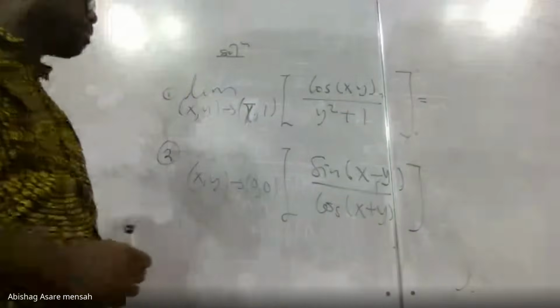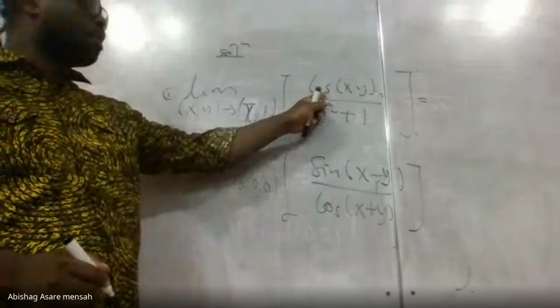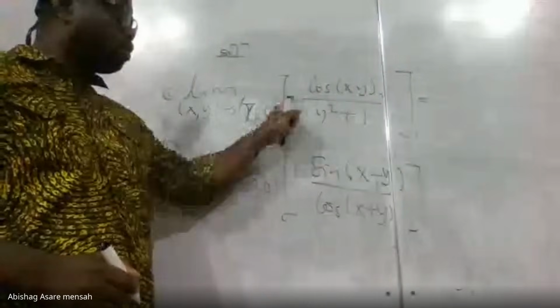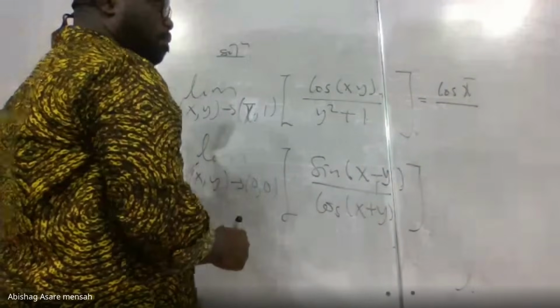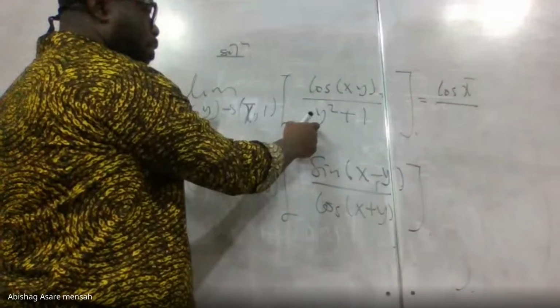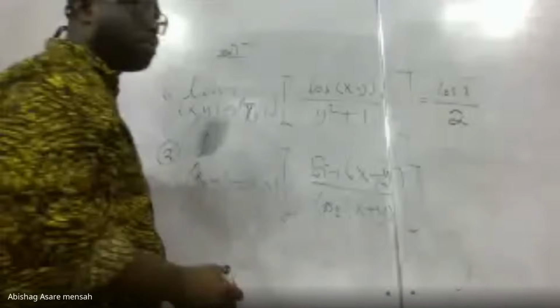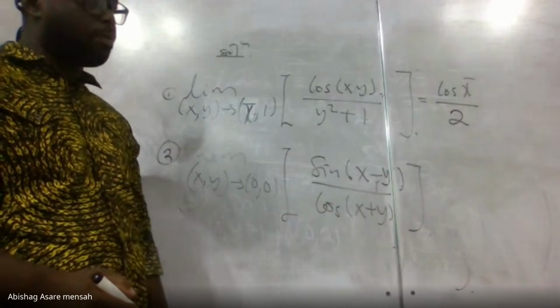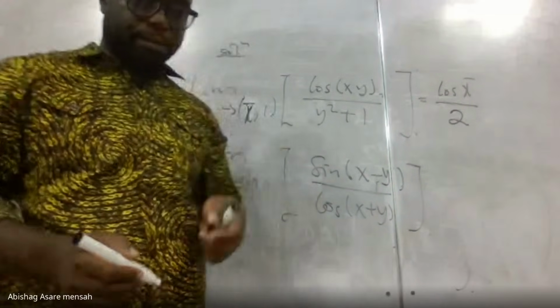So what will be the answer for this? Remember, if you put the pi there, it will be pi times 1, right? So it will be cos pi, all on 1 squared plus 1. Y is 1, so 1 plus 1 will be 2. And what is cos pi? Cos 180 is what?